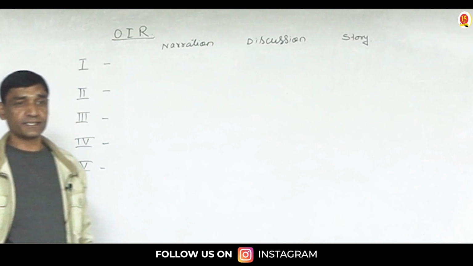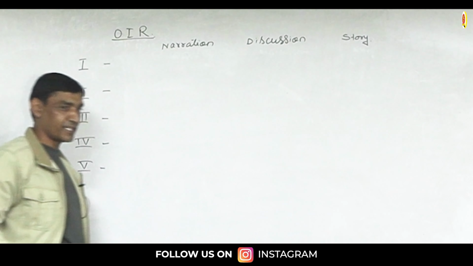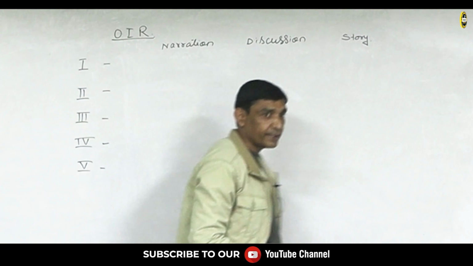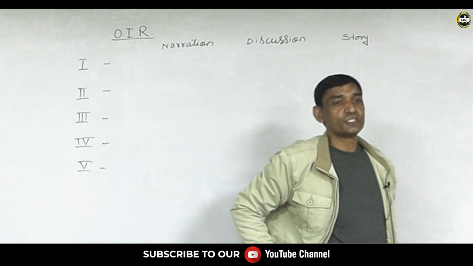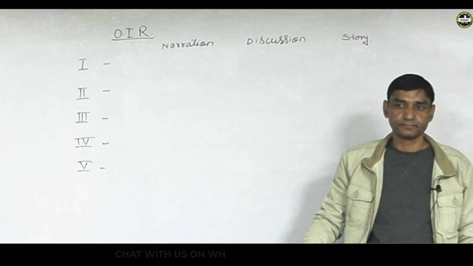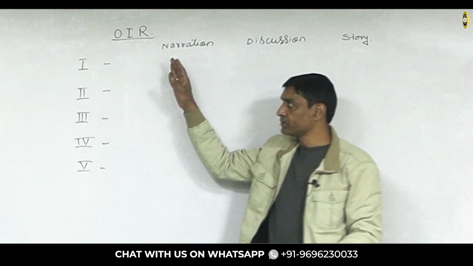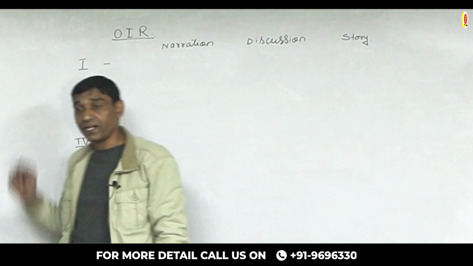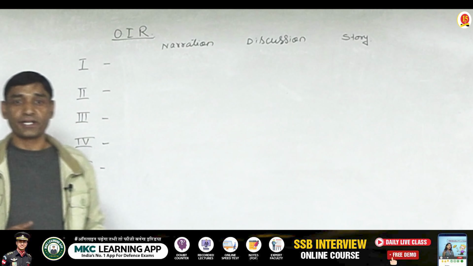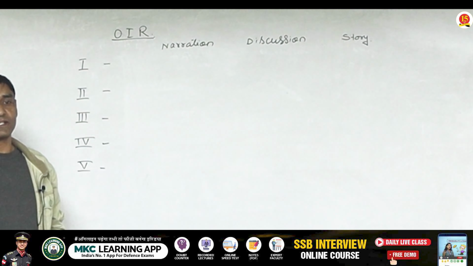One will be the psychologist, one will be the president or the deputy president of the board, and one of them will be the GTO. Any youngster who secured OIR 1, for him making screening in is quite comfortable.